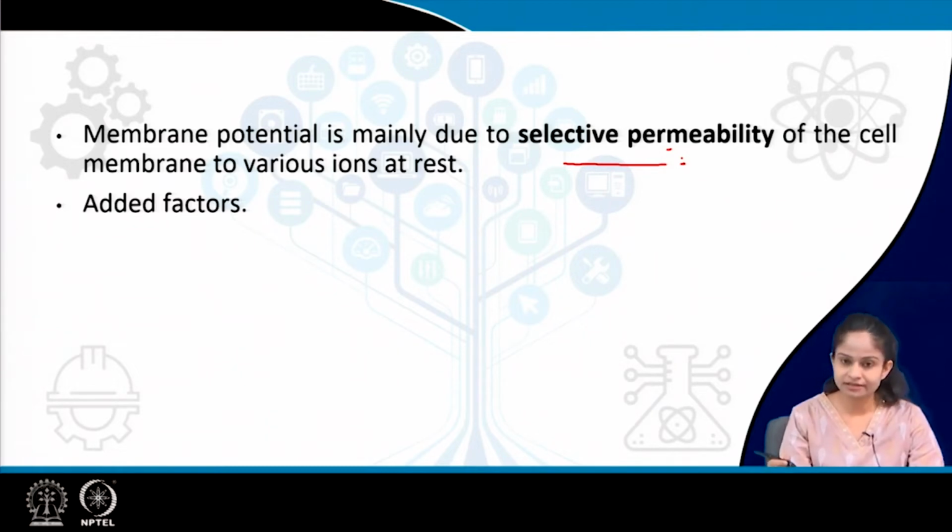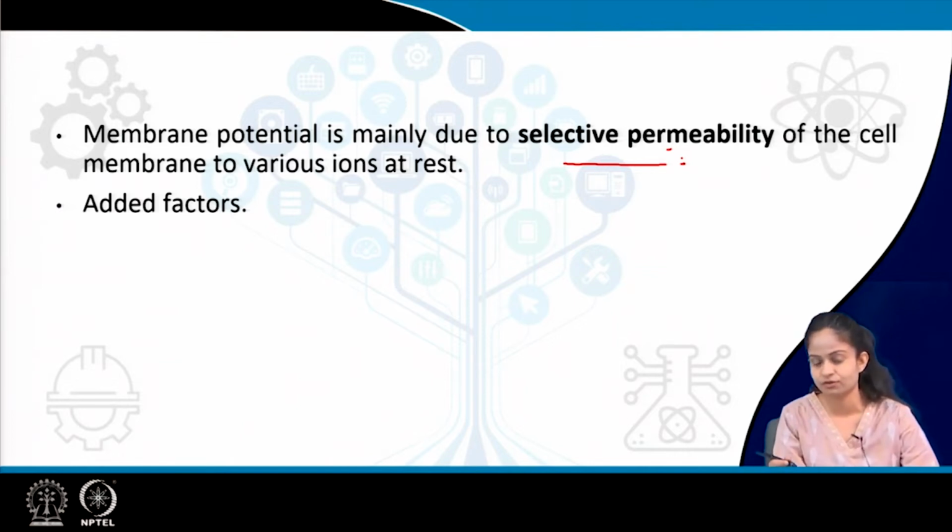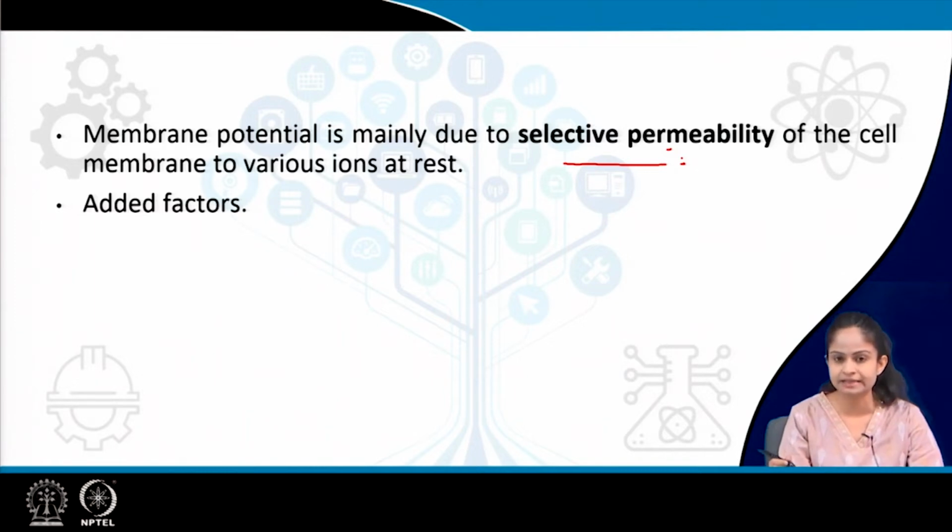Besides that, there are other added factors also, like the equilibrium potential of a particular ion, which we can calculate by using the Nernst equation. When we consider too many ions, then we do not use the Nernst equation. The Nernst equation is only for one single ion. We have other equations also, then we have the Donnan effect also, and also we have the regulating pump or the primary transport mechanism, that is the sodium potassium ATPase.